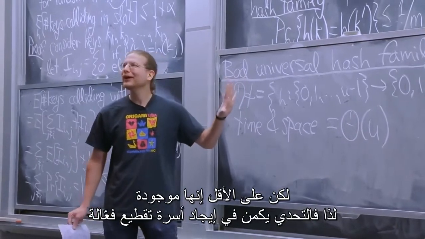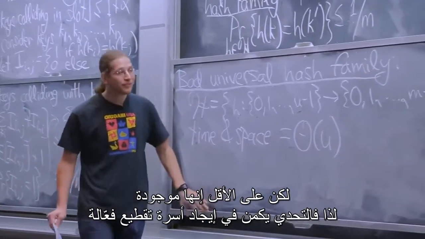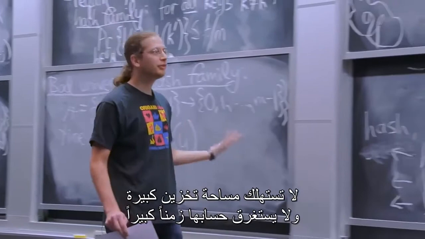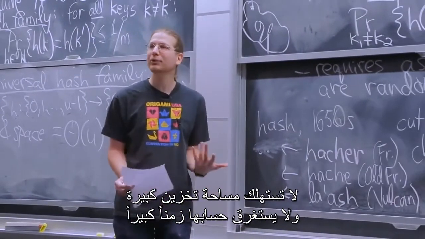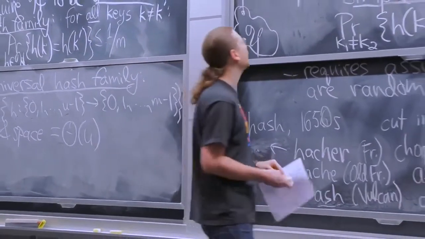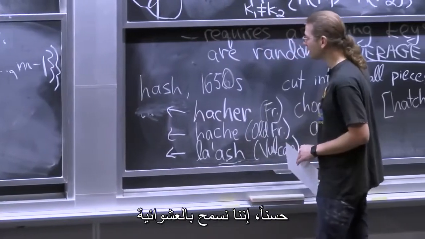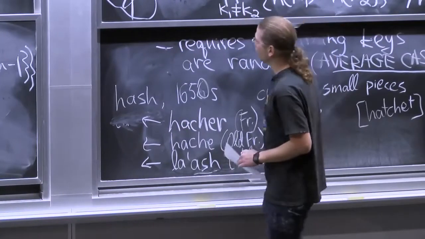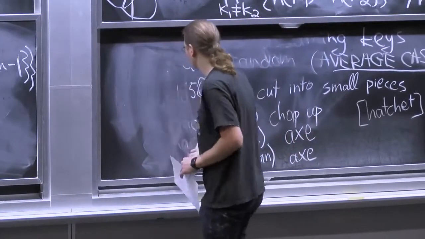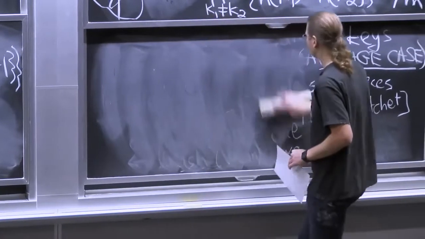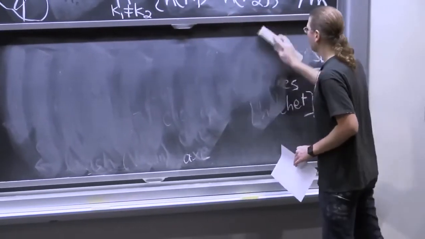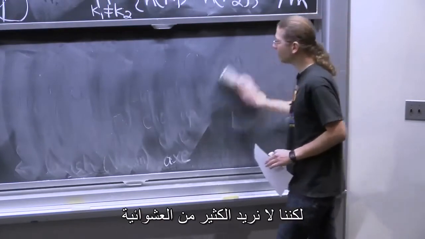But at least they're out there. So the challenge is to find an efficient hash family that doesn't take much space to store and doesn't take much time to compute. Okay, we're allowing randomness, but we don't want too much randomness.